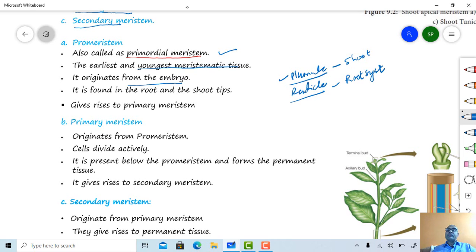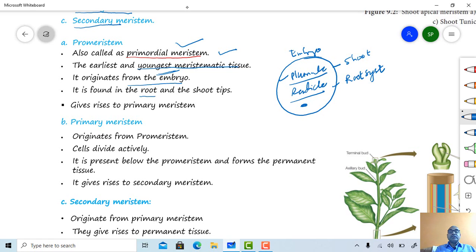Where are these present? These are present within an embryo. So promeristem originates from the embryo and is called primordial meristem or promeristem. These are the earliest and youngest meristematic tissue. Where will they be found?